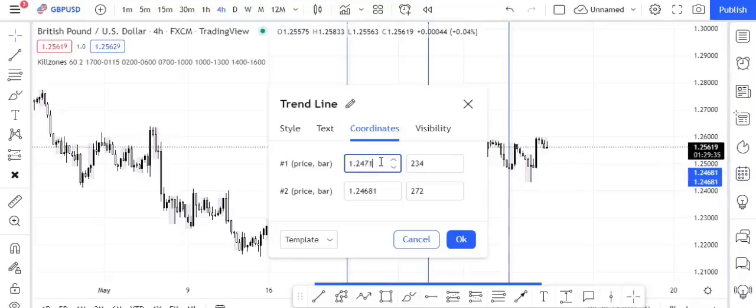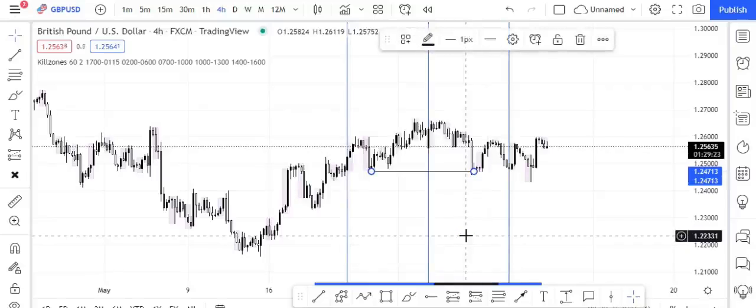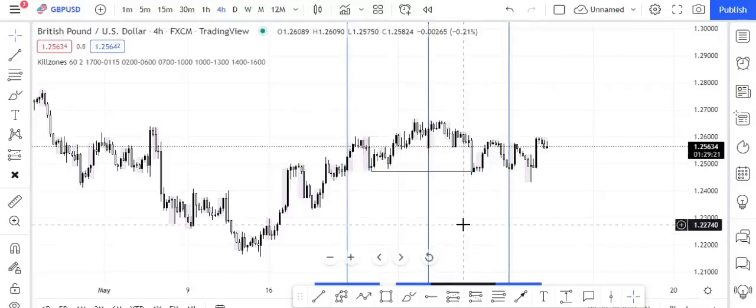I hope it's correct. I hope I remember that. 1.24713. Okay, so that is the low. Okay, so that's the low of the previous 2 weeks.